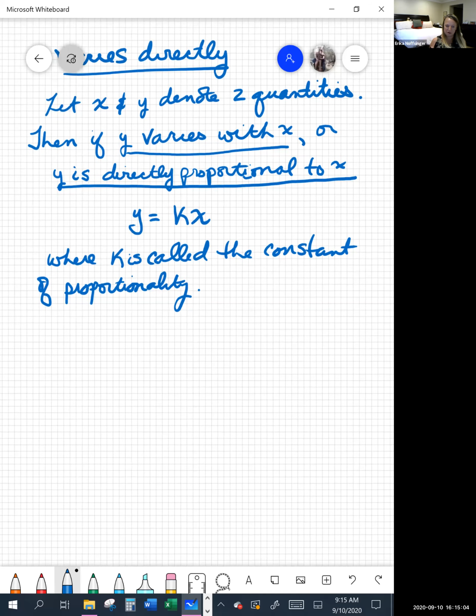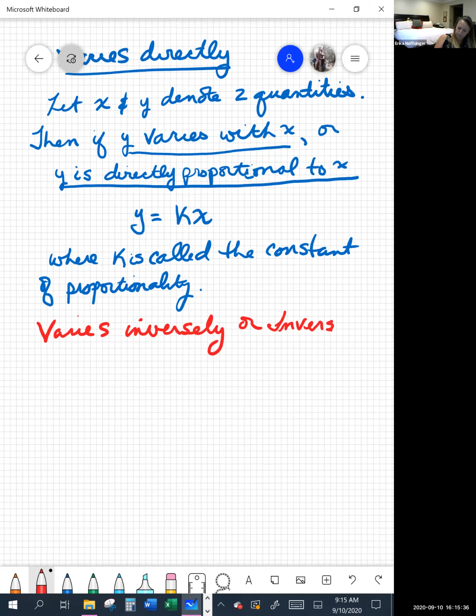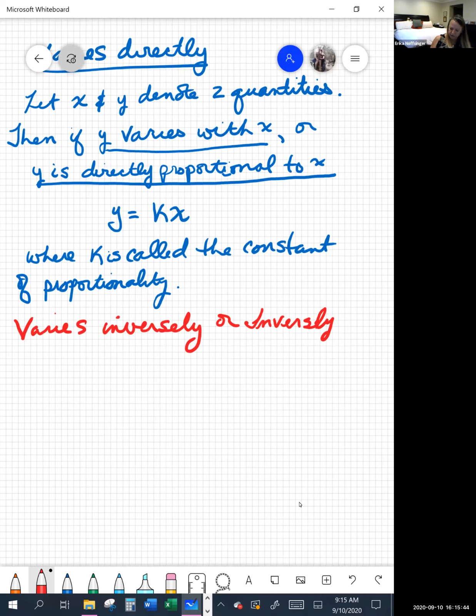There's a couple other ones that we need to know. We've looked at varies directly. Now varies inversely, or it might say inversely proportional.